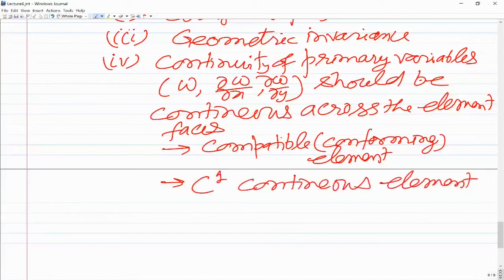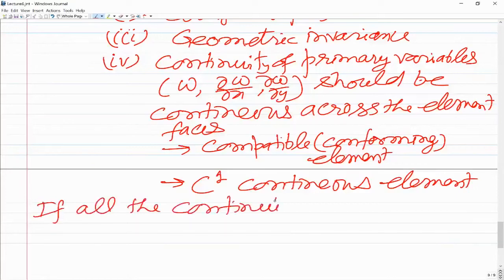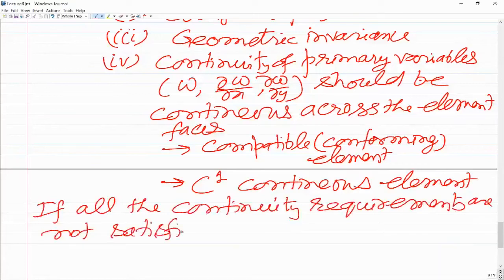Now if all the continuity requirements are not satisfied, then the element is called an incompatible or non-conforming element. Maybe in one face w and del w by del y may be continuous, but del w by del x is not continuous.